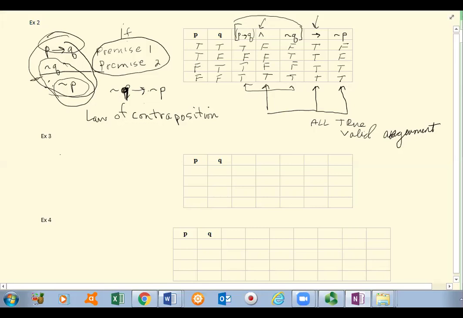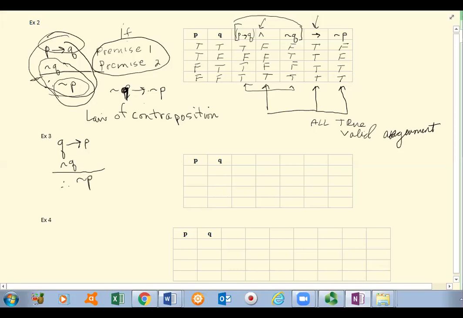Okay, number 3, you have if Q then P, not Q, therefore not P. Well, before we tangle with this on the table, let's think about it.